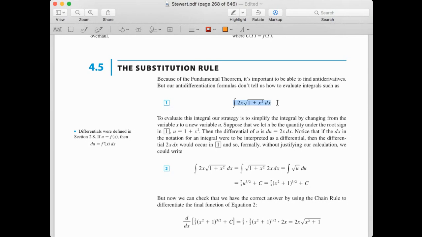For the simple ones, we're able to apply the power rule, and we're able to apply trig rules. But what about this one? We see this integrand is a product of two functions.